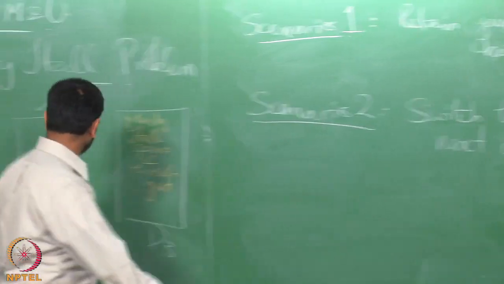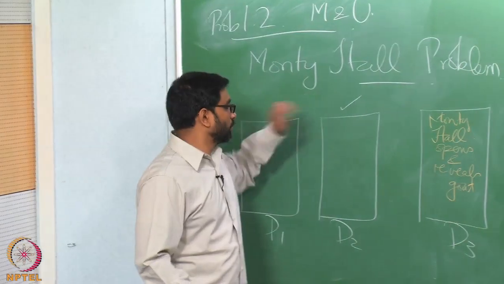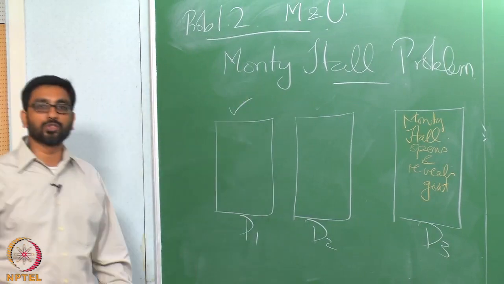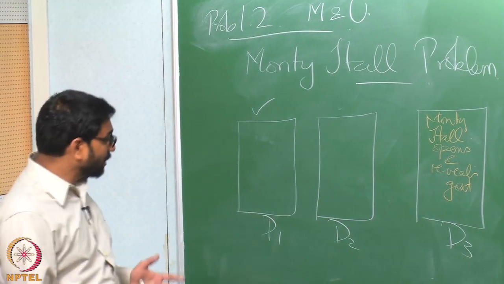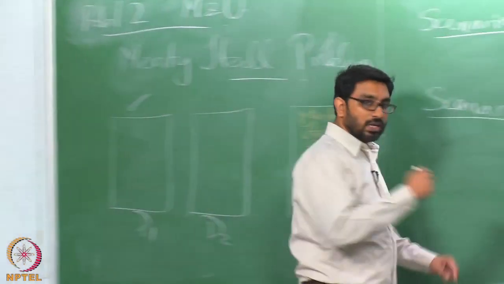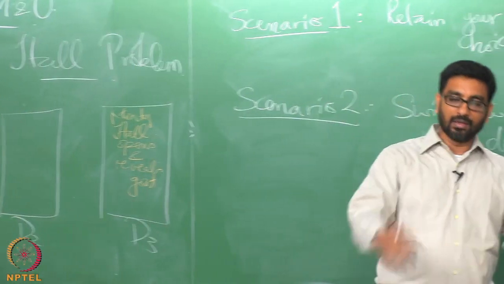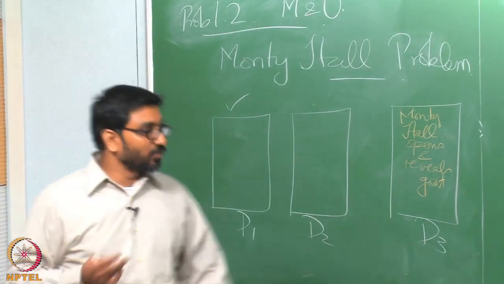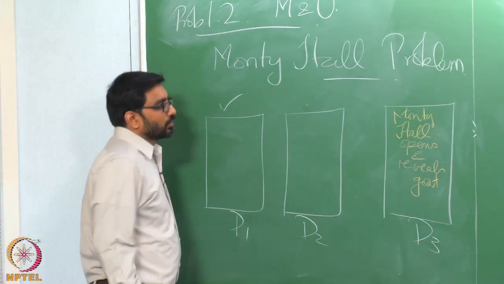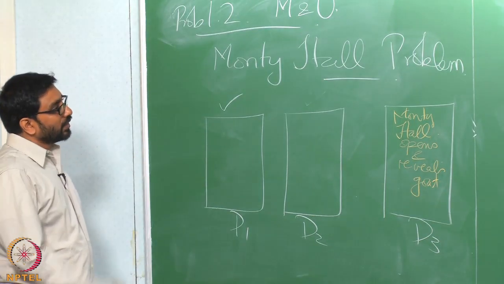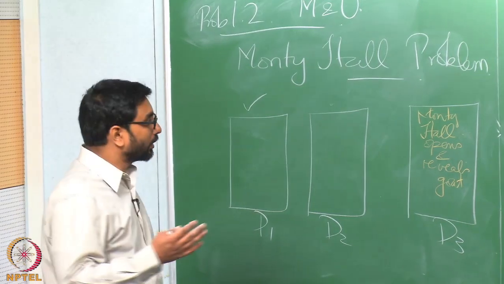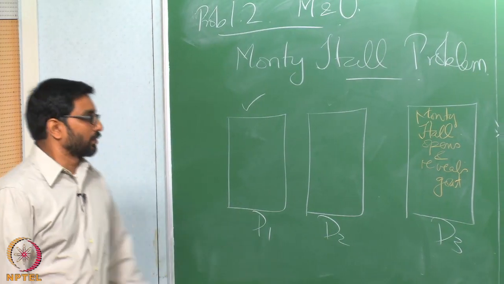In scenario 2 you would say, well, I chose D2 early on, but let me give up on D2 and switch to D1. At the end, whichever door you have chosen is going to be opened up, and you are going to get the prize that is held behind that door, and obviously your interest is to get the car. So, now we have to analyze these 2 scenarios and figure out the probability of getting a car in either of them.